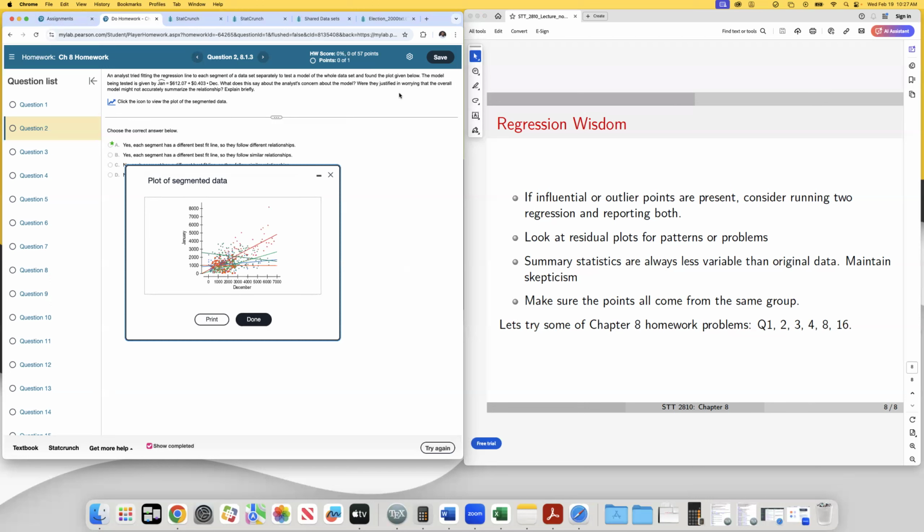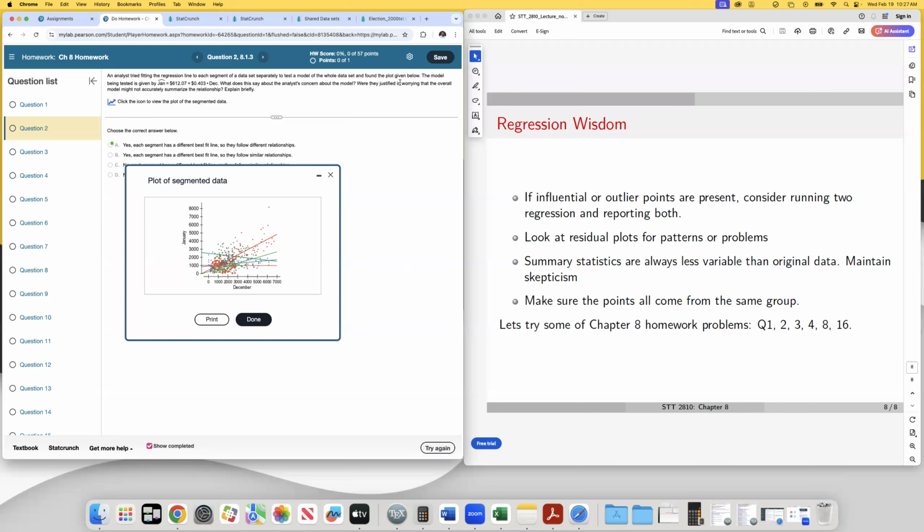The model being tested is given by January equals this constant plus a coefficient times December. Now let's read. What does this say about the analyst's concern about the model? Were they justified in worrying that the overall model might not accurately summarize the relationship?